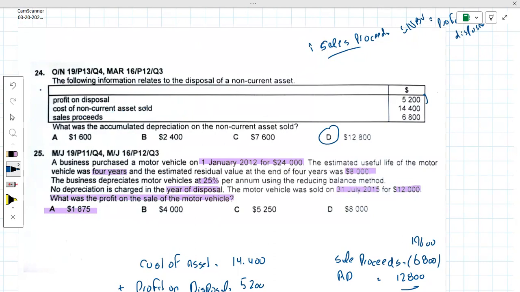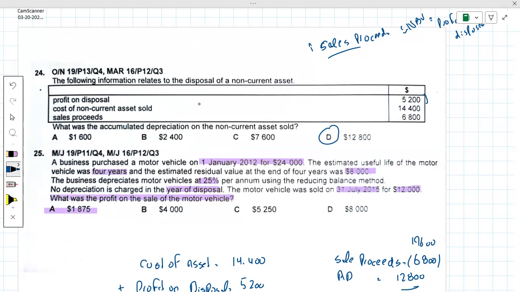So the cost of non-current assets sold is 40,000, the profit is 14,400, and the sale proceed is $6,800. We have to find out the accumulated depreciation on the non-current assets. We have the sale proceed, the cost of non-current assets, and the profit on disposal.